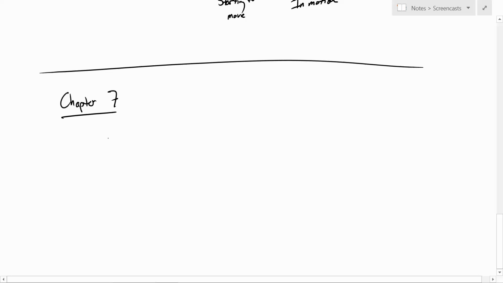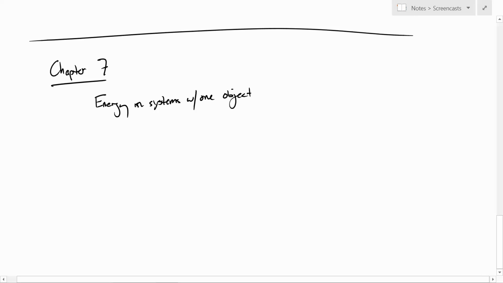Chapter 7 is really talking about energy in systems with one object. By this I mean we're thinking about an object, which is this wonderful dot, which can have energy, and the only kind of energy that an object can have in and of its own is kinetic.